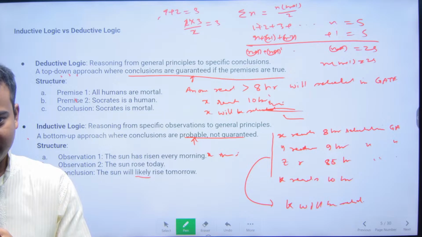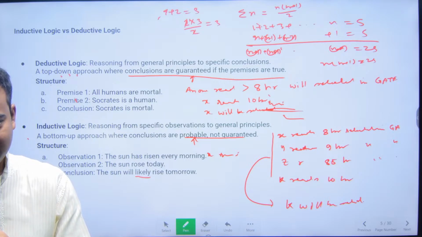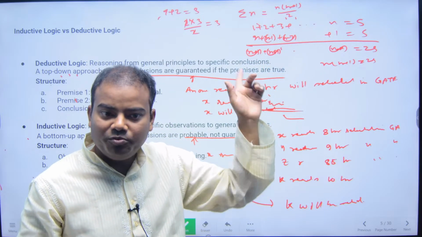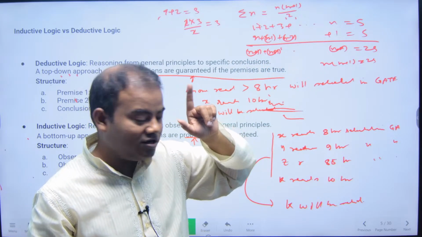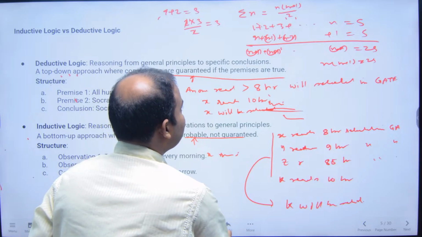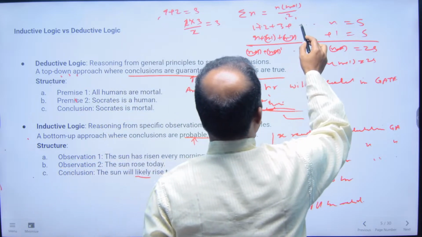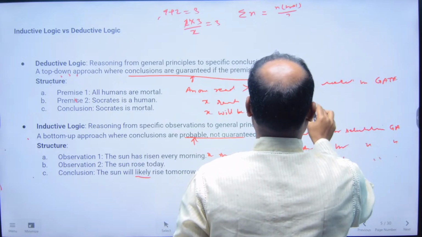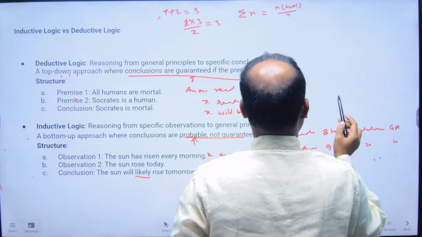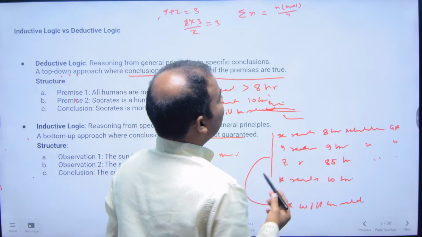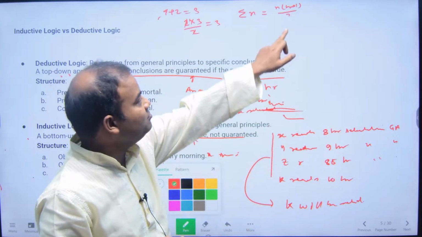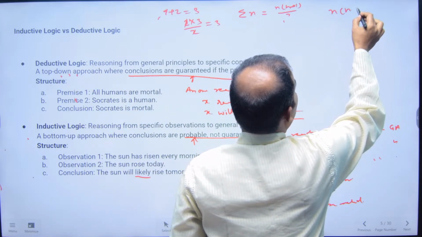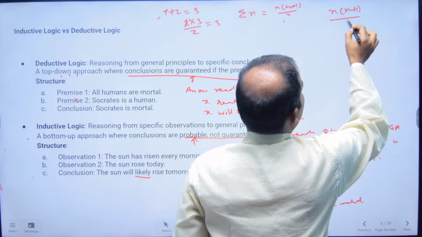Do you remember? Can you prove it? You have to consider that this formula is true for n terms, and you have to prove it for n plus 1. How to do that? For n terms, this one is the thing. So for n plus 1, this will become what? n into n plus 1 divided by 2, plus n plus 1.